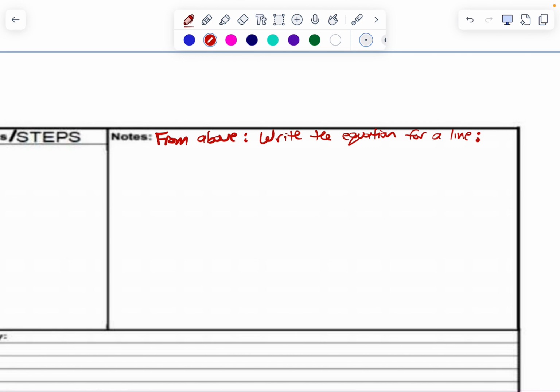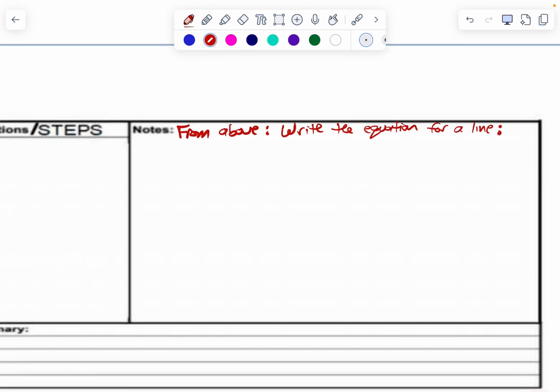And like I said, we'll do 2. So part A is going to be parallel. And we need a point to go through. So parallel through, how about negative 2, 5.